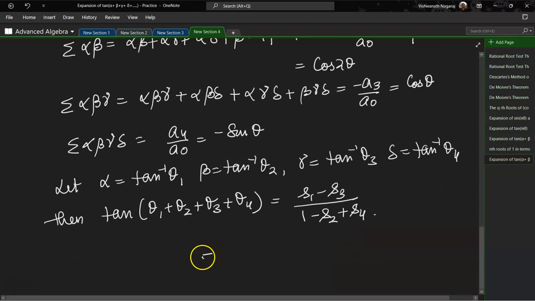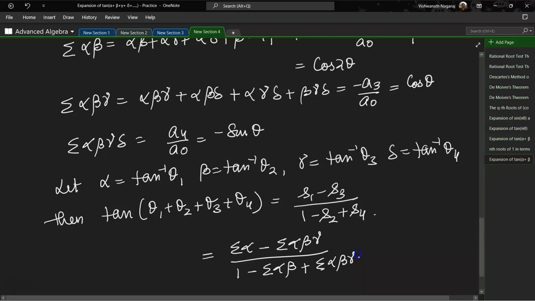Okay, now this we know, s1 is summation of alpha, s3 is summation of alpha beta gamma, divided by 1 minus s2, which is summation of alpha beta, plus summation of alpha beta gamma delta.